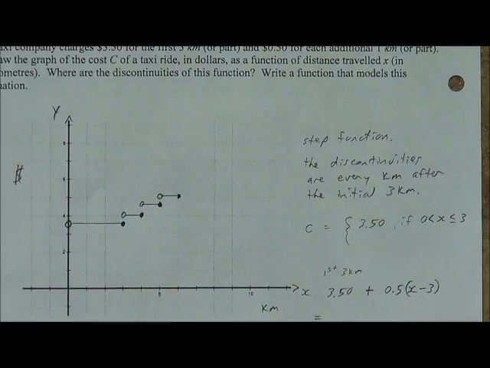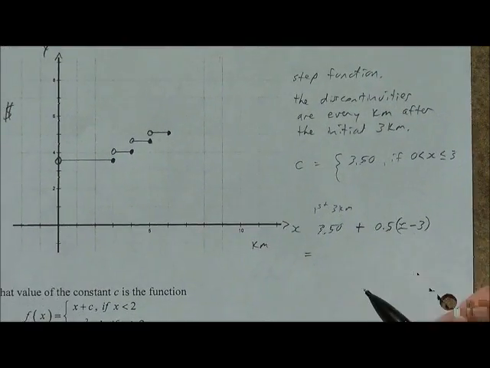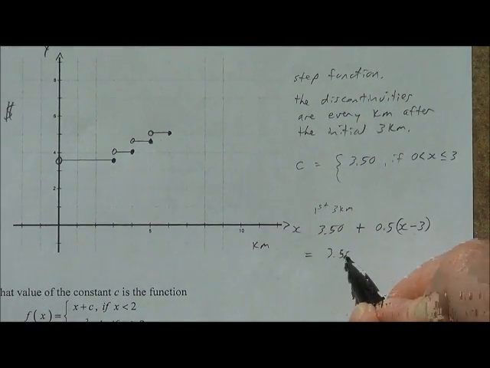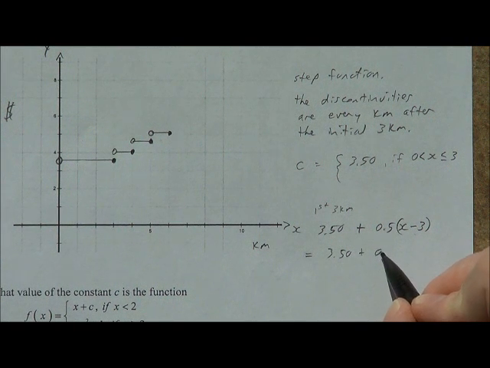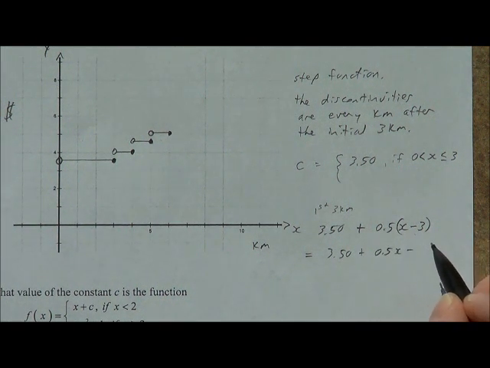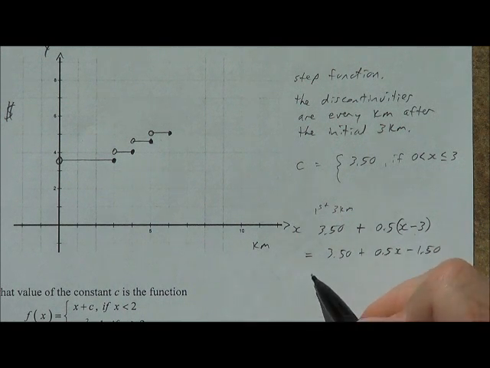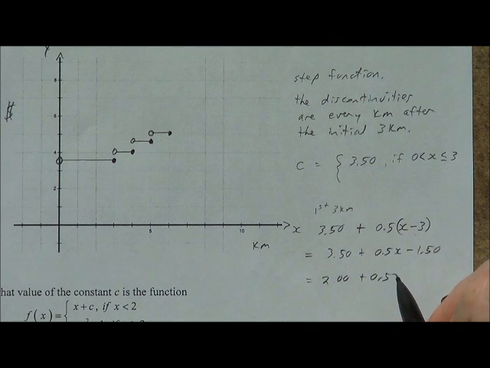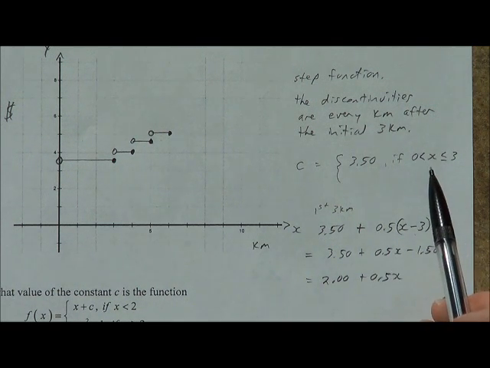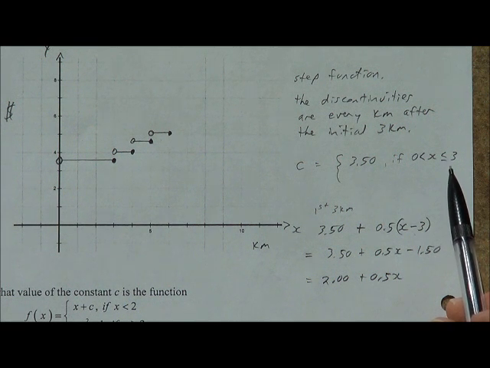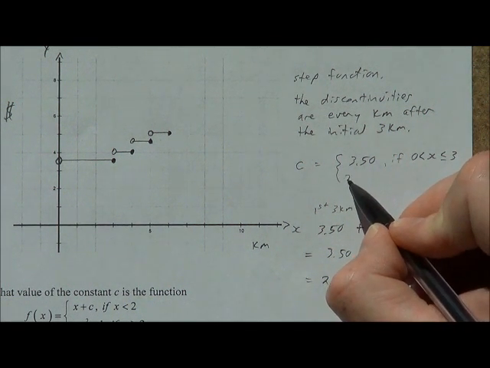Okay, and then just algebraically we can simplify that. So we got 3.50 plus 0.5x minus 1.50, which gives us $2 plus 0.5x. Now that is under the condition that x is greater than 3 kilometers, okay?